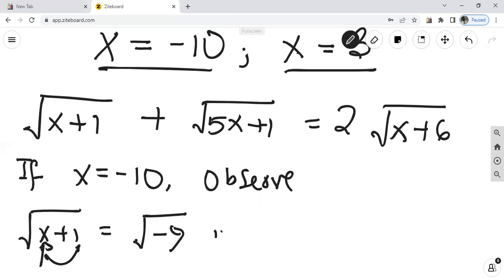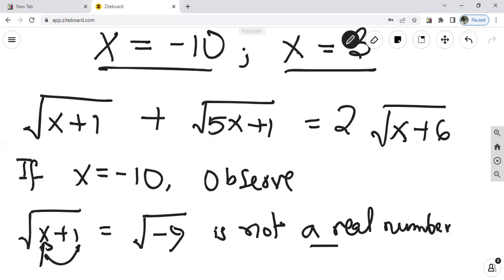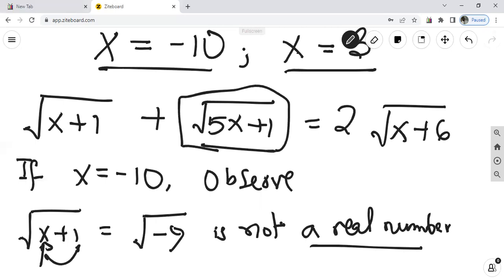And this is not a real number, and we are not interested in that. If you try the same thing for the square root of 5x plus 1, you observe that it will also not be a real number, and likewise this. So x equals minus 10 is not the solution we are interested in.